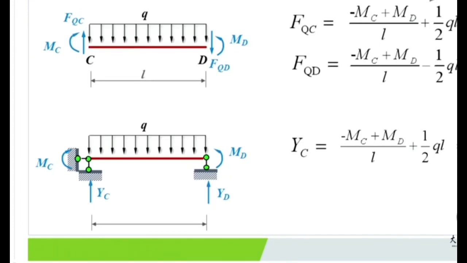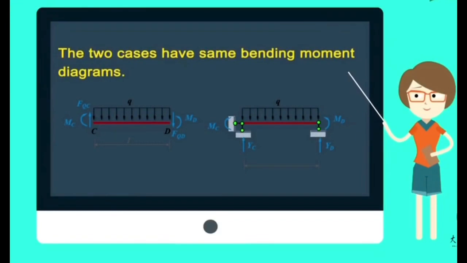We could also solve that YD is equal to (MC minus MD) over L plus half of qL. And we find that actually YD is equal to negative FQD. Then we find that these two cases have the same bending moment diagrams, but the deformations of the two cases are different.